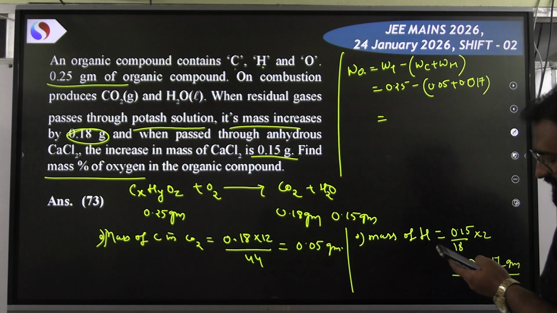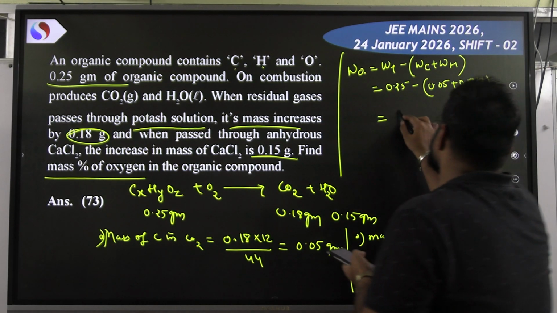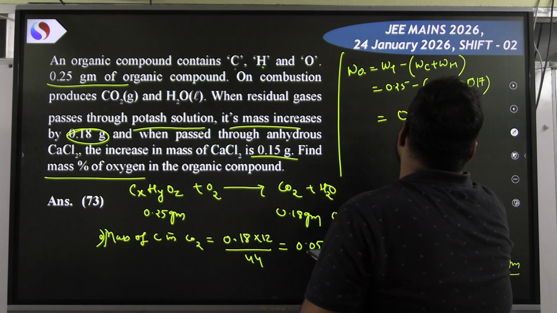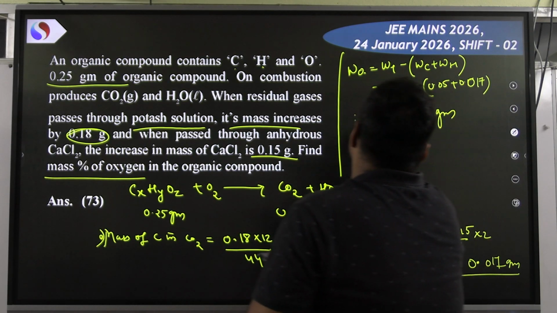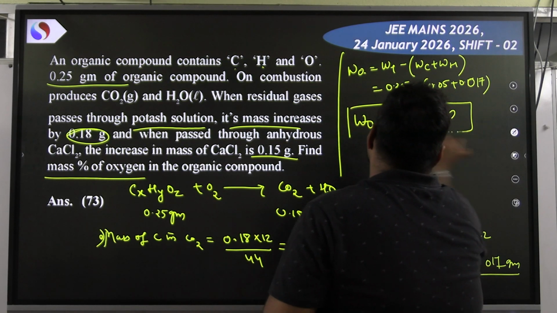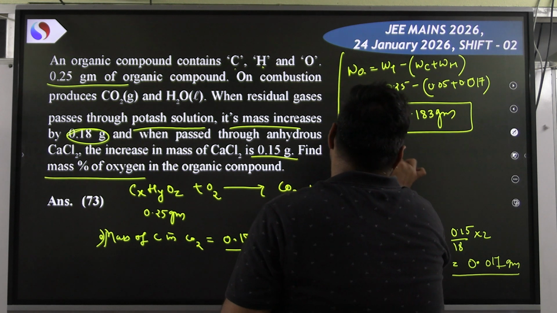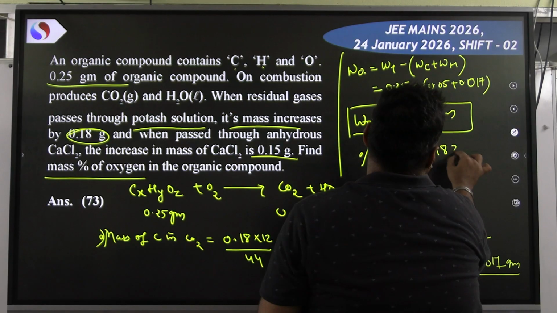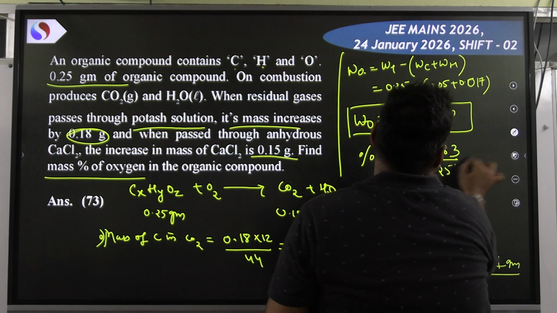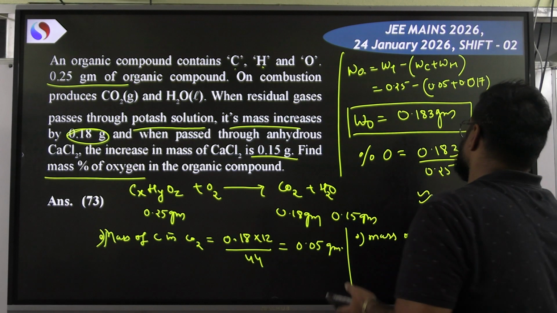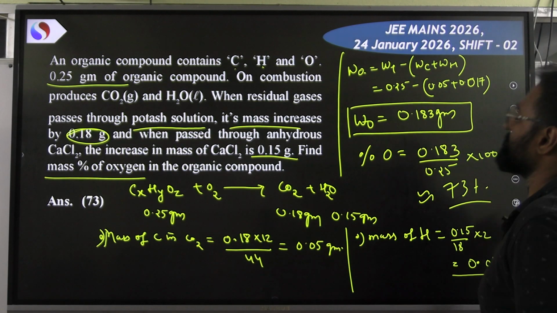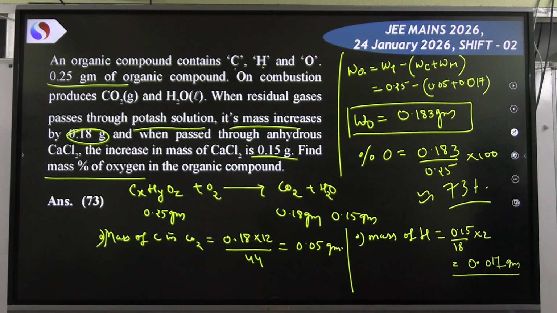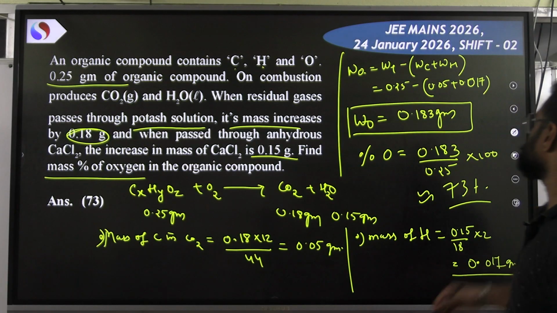On calculation of this, weight will be nearly 0.183 grams. Weight of oxygen. So percentage oxygen will be how much? 0.183 divided by 0.25 into 100. On solving this, the answer will be nearly 73%. This will be the answer, nearly 73%.